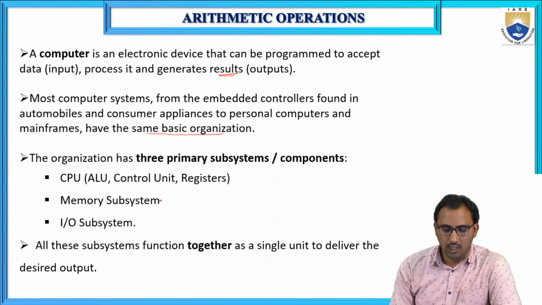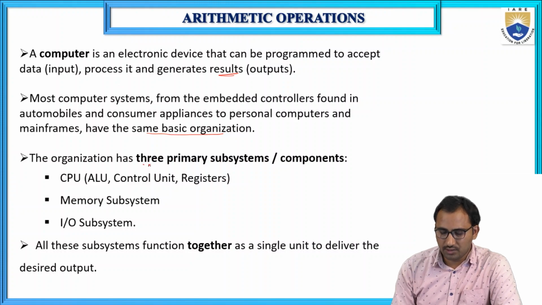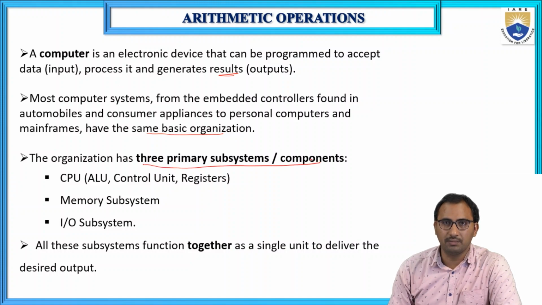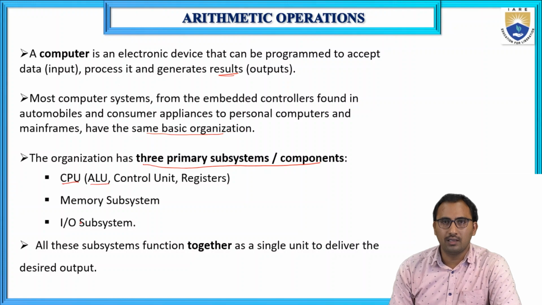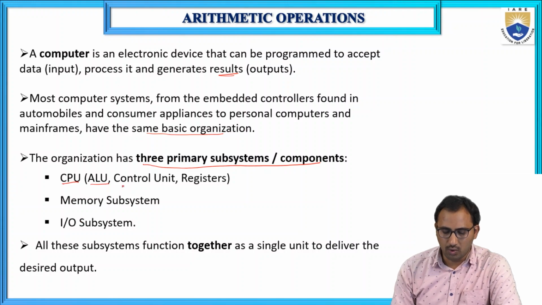If you look into the organization of the digital computer system, it mainly has three functional parts or primary subsystems. The first is the CPU, the central processing unit, which consists of three parts: the ALU (arithmetic and logic unit), the control unit, and the registers.